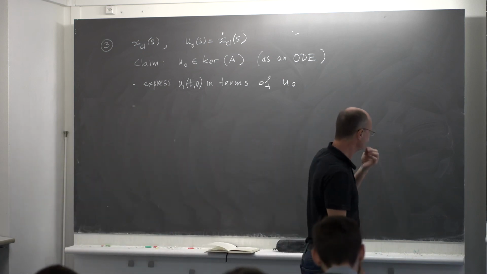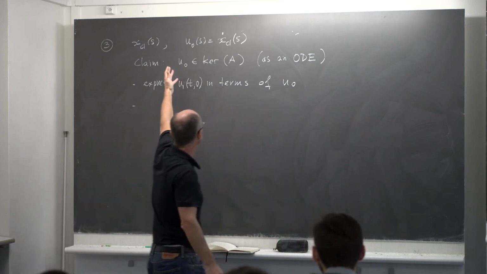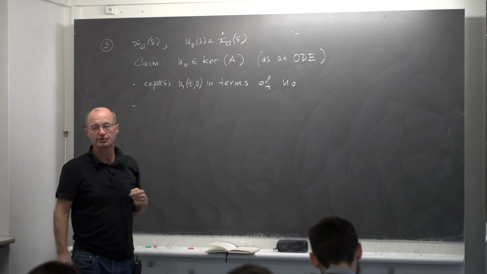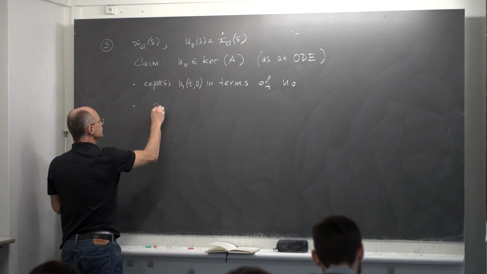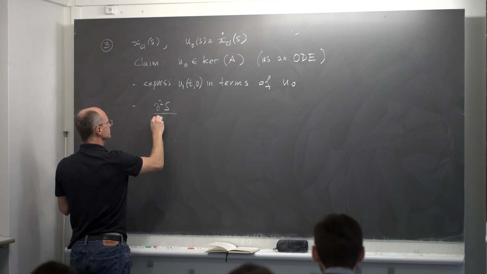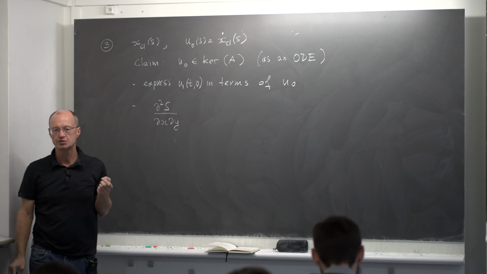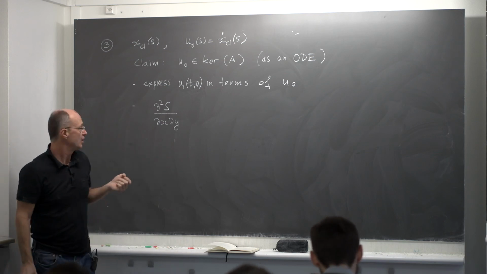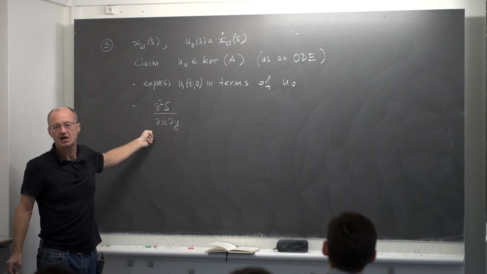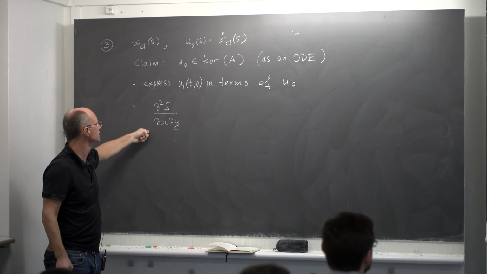Now we have the classical action, and we want to study the classical action as a function of x and y. Well, now it's an exercise in the variational calculus.